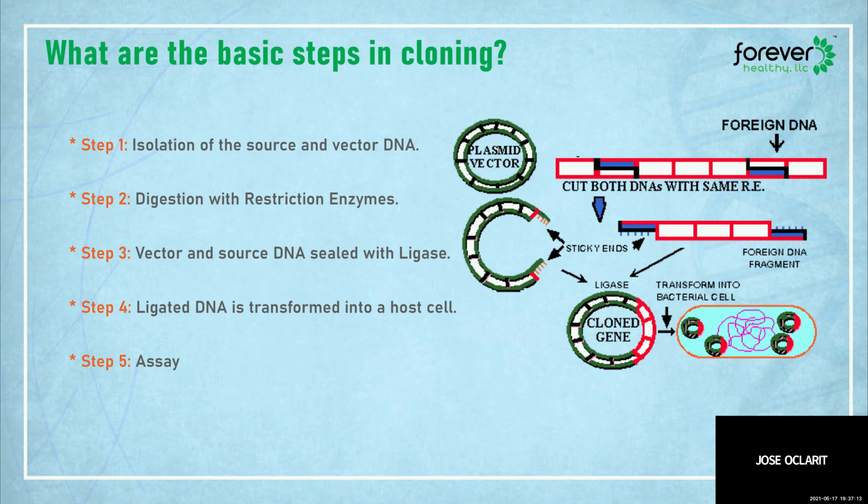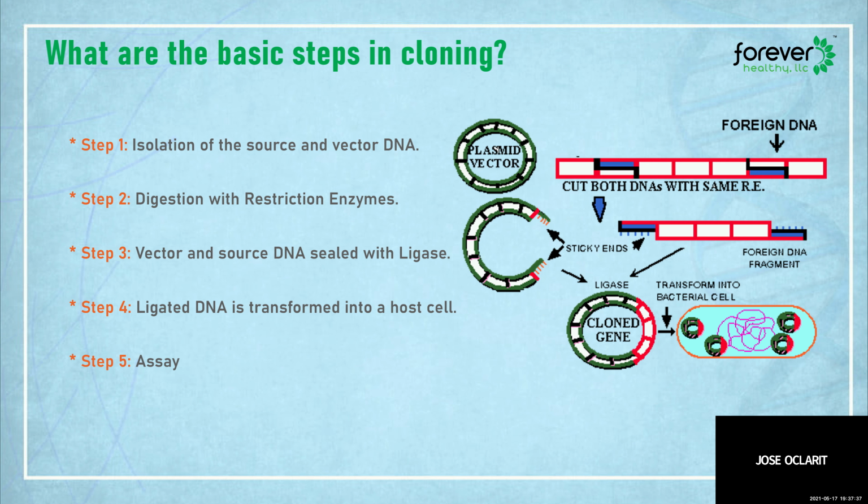The foreign DNA will be cut using a restriction enzyme, and whatever restriction enzyme you use to cut the foreign DNA will be the same restriction enzyme used to cut your vector. In the picture, look at the foreign DNA, it is cut by the restriction enzyme and forms the sticky ends.